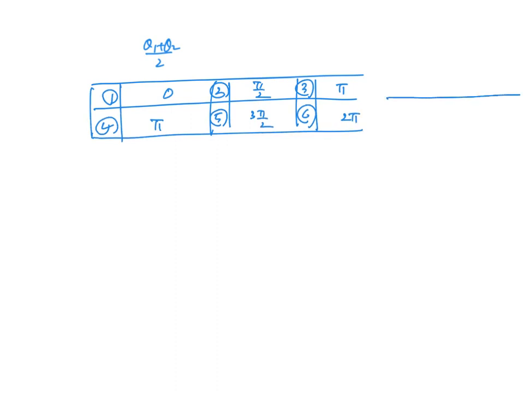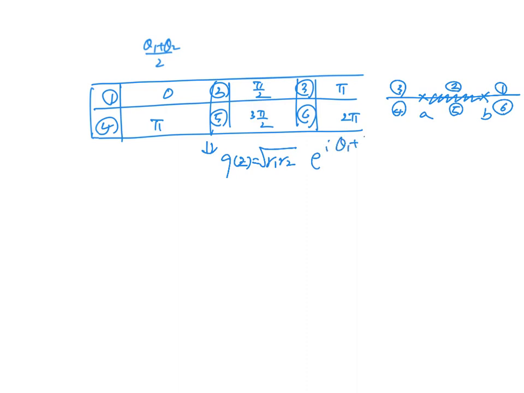That's the region around A, B. So g(z) becomes square root of r1 r2 exponential i (theta 1 plus theta 2) over 2, which is the absolute value of g(z) times exponential i (theta 1 plus theta 2) over 2.